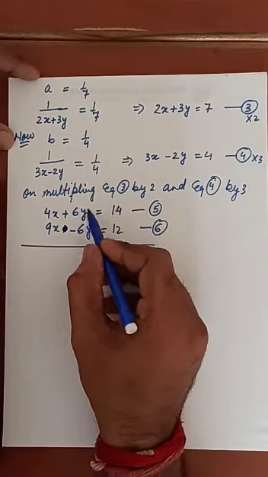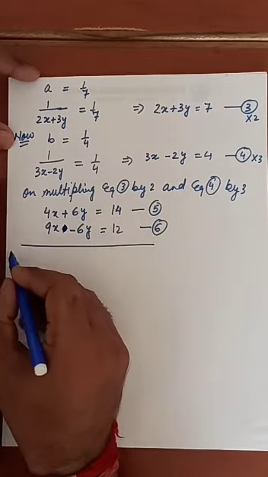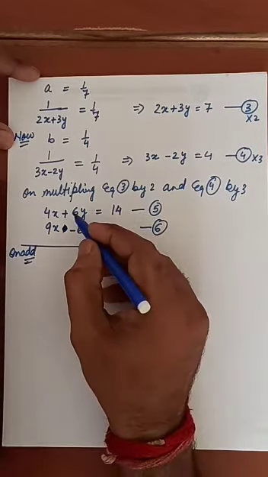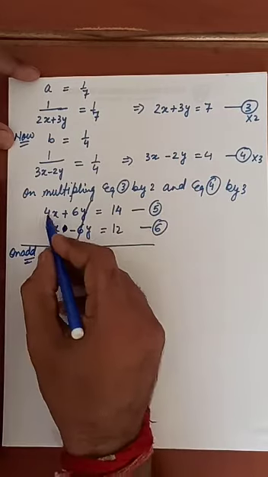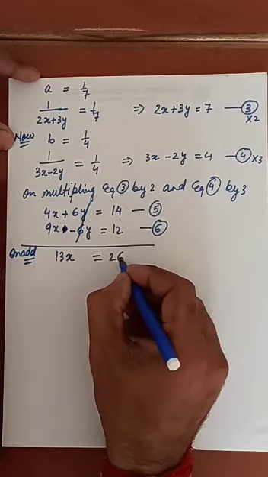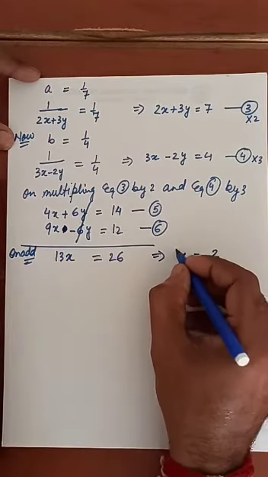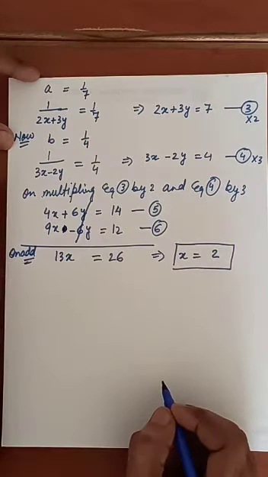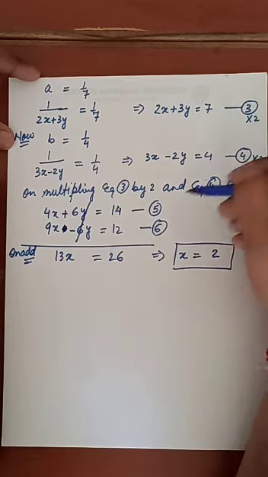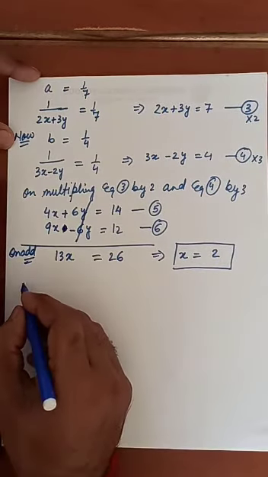Now here 6y and 6y, both the coefficients are the same and signs are opposite, so on adding the equations, it will cancel out. 4 plus 9 is 13x, 14 plus 12 is 26. So from here you will get the value of x, 13 into 2 is 26. So x is equals to 2. Now this value of x can be put in either equation number 3 or 4 or 5 or 6. We can opt for any equation, equation 3.